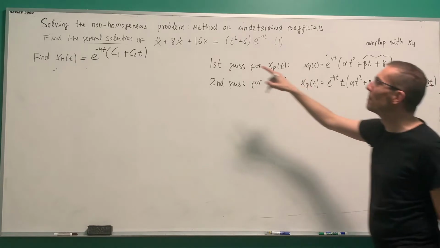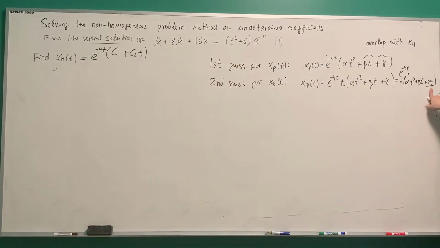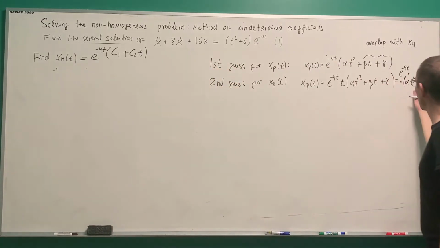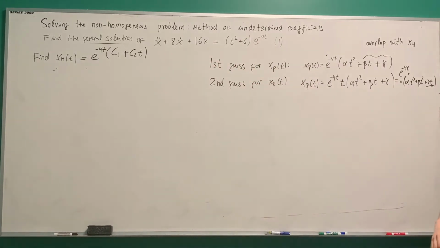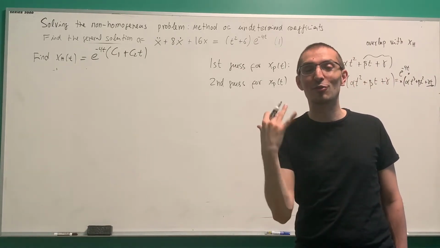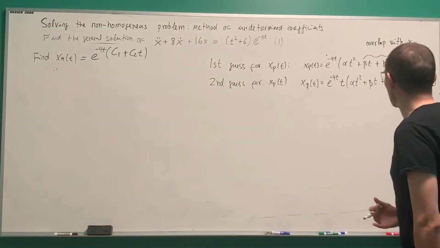This has some overlap with c2, with one of the solutions. You see? This still has overlap. The linear term has overlap with one of the solutions to the homogeneous problem. So if we plug this solution into this equation, we're going to have that gamma will cancel, and we will not have the three unknowns that we need to solve the system, because we have 3 degrees of freedom. We need 3 unknowns. All right, that doesn't work.